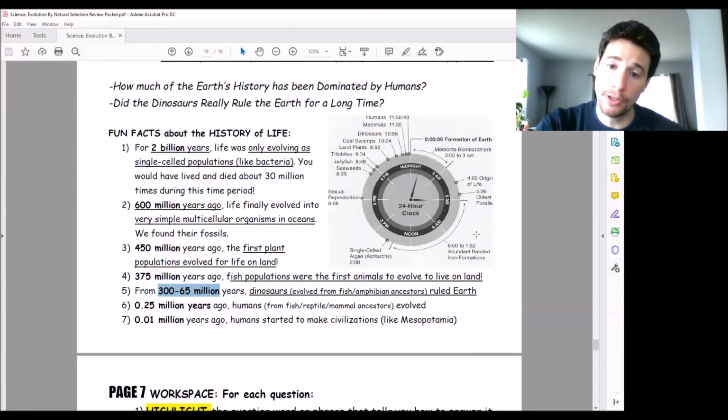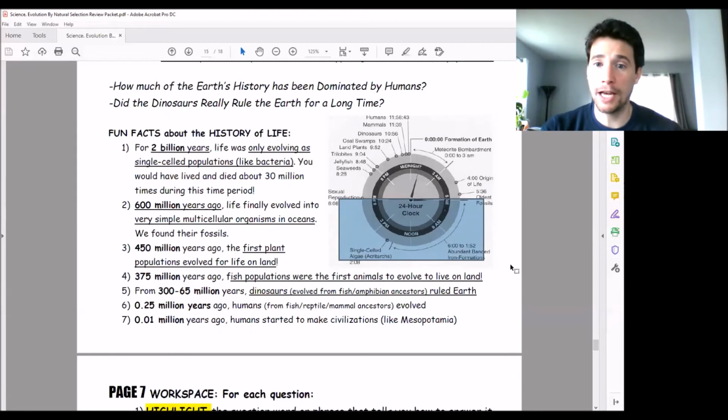I also want you to notice that for this whole big period of time, like half of the time, like 12 hours, the Earth existed and there was no life that was bigger than single-celled organisms. So basically, the Earth was just bacteria. It didn't have anything more complicated than bacteria on it for about half of the time on Earth.